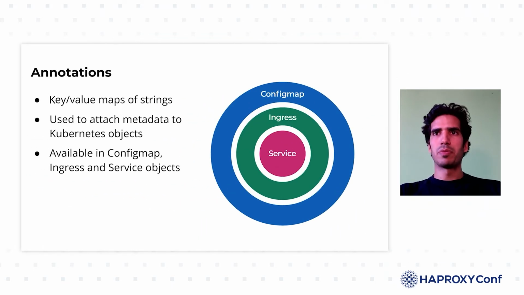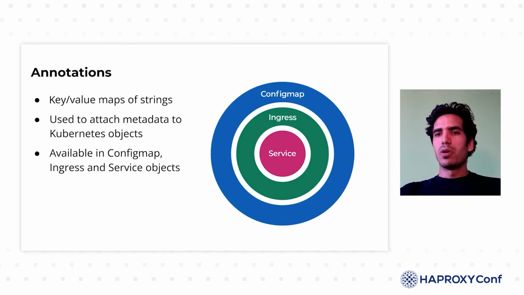Just keep in mind here that the annotation in the more specific scope will always have precedence. For example, we can have a global default value for the load balancing algorithm in the config map, and we can override this in a specific service with a specific load balancing algorithm.